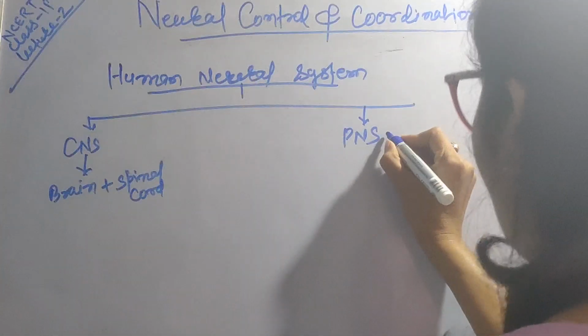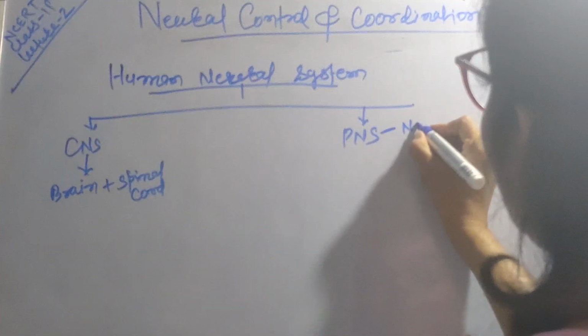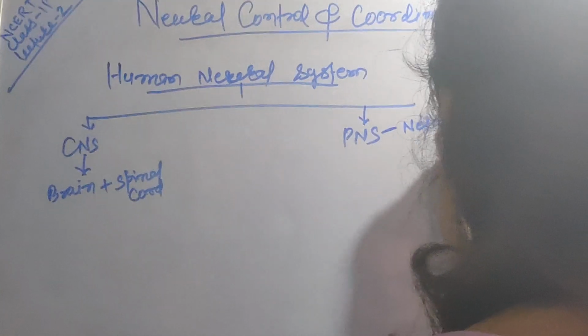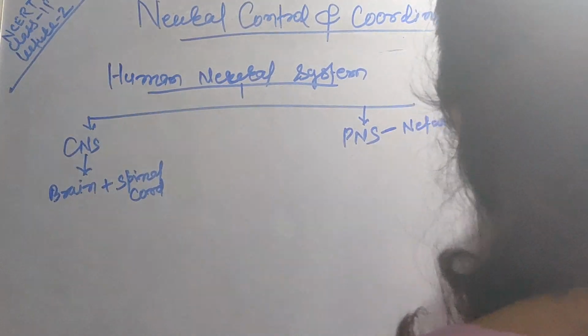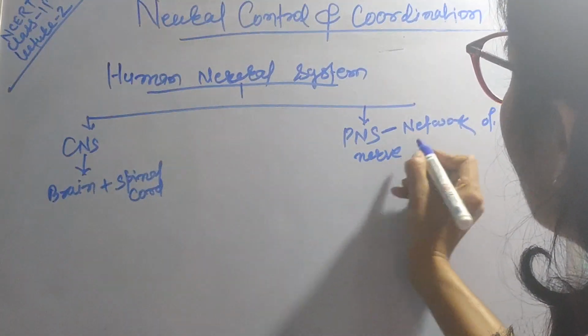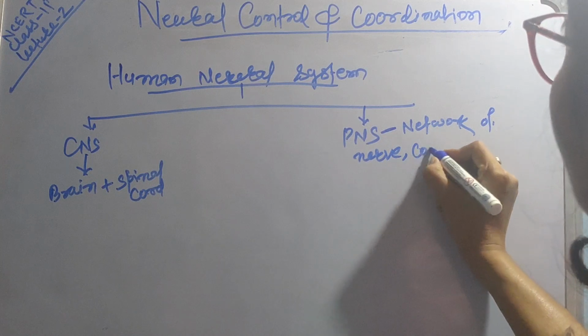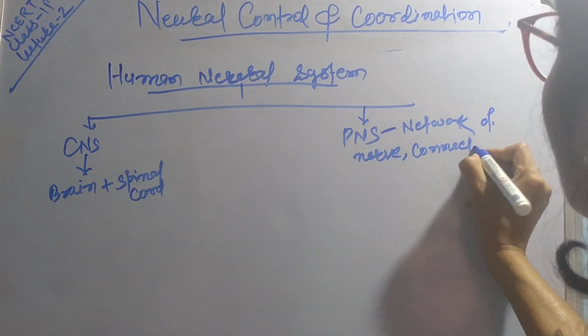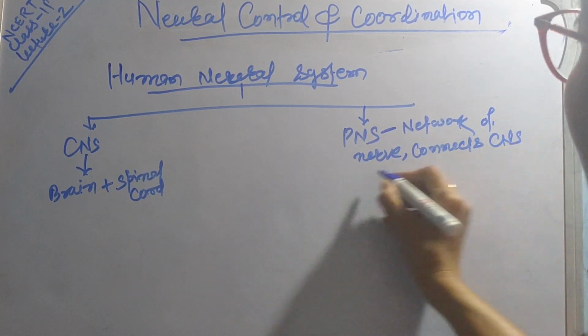PNS is the network of nerves which connects the CNS to body organs.